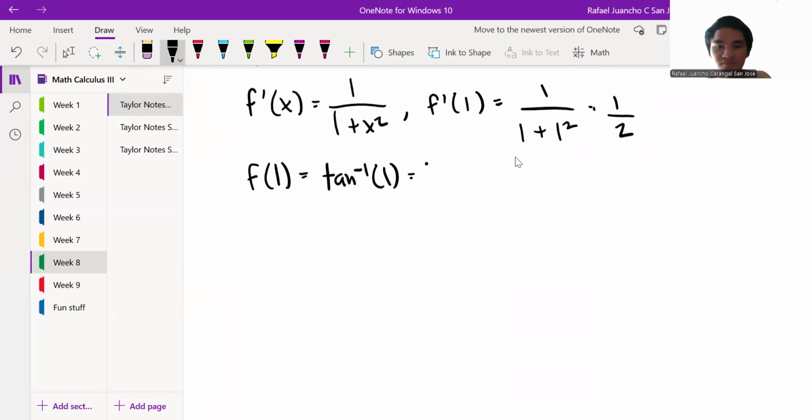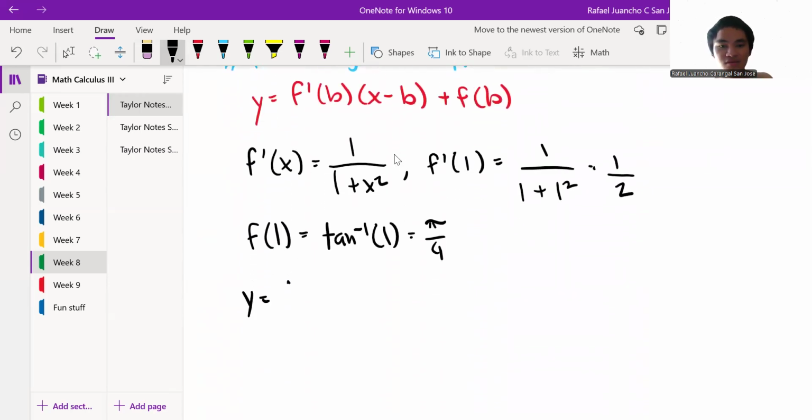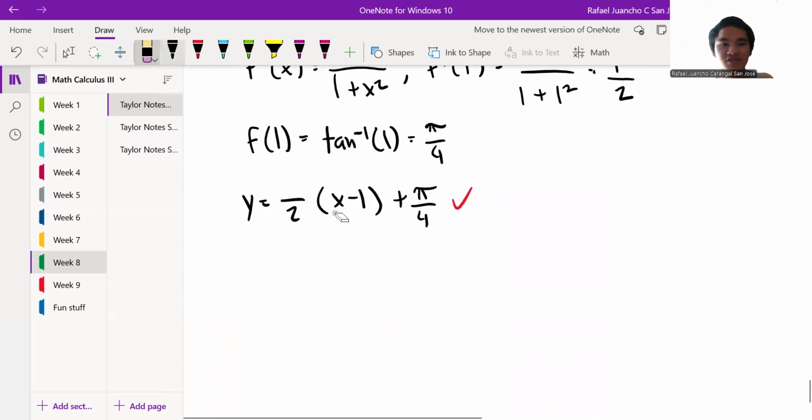Okay. Cool. Okay, so it's 5/4. And then, yeah, we just plug it in. So y equals a half x minus 1 plus 5/4. Check. Right, so that's the first thing. We want to write the tangent line approximation. Good. Okay, what's next? We want to calculate the second derivative.